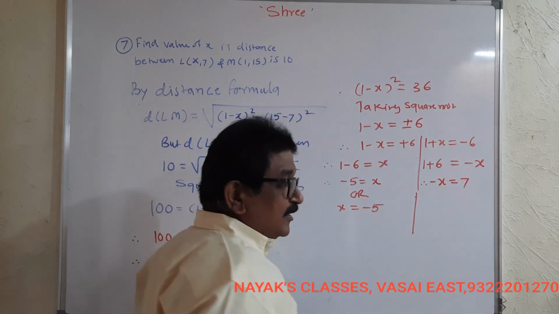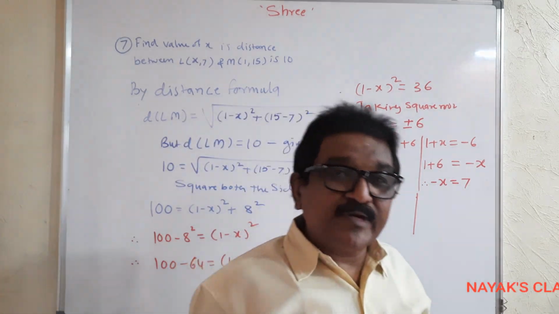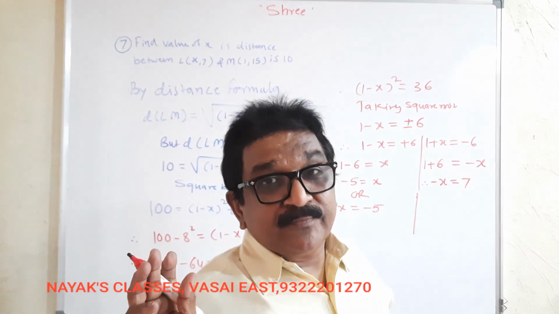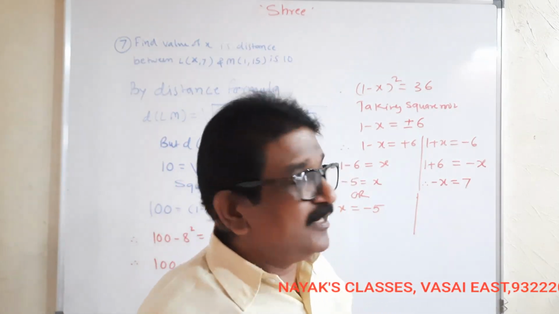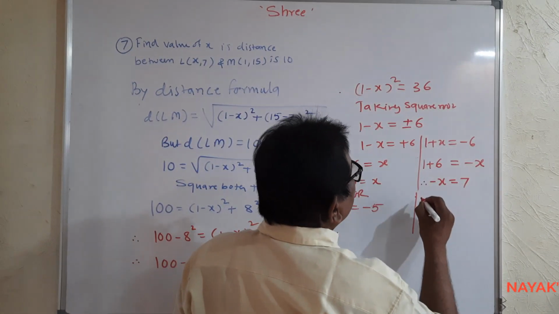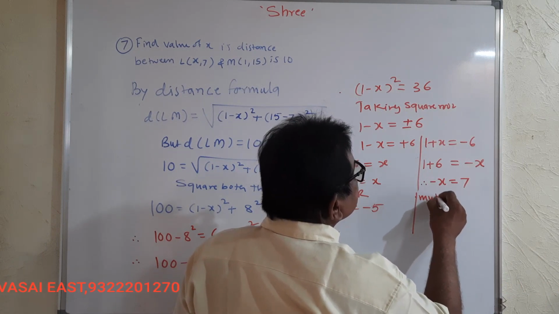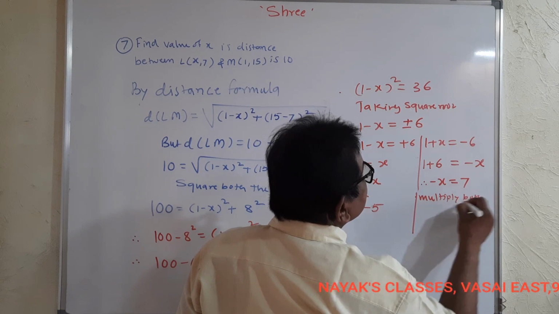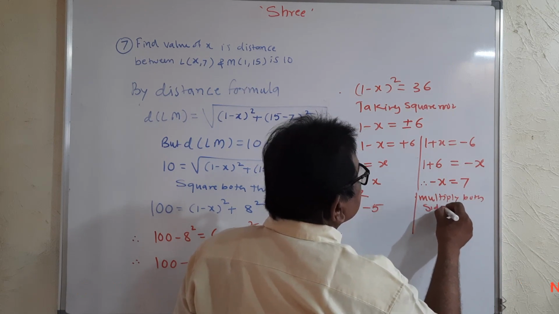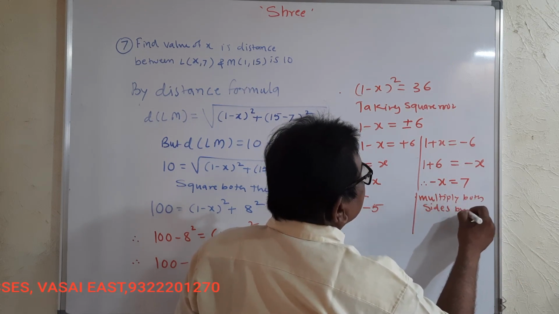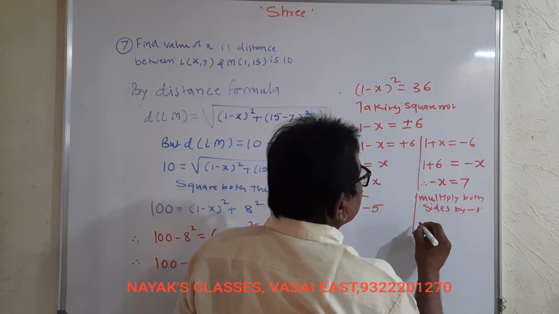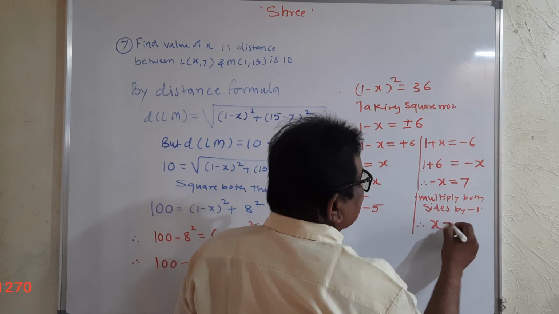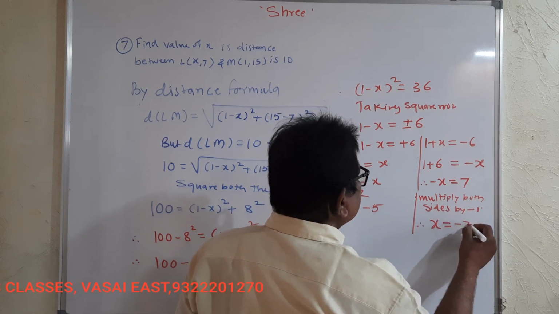Therefore, minus x is equal to 7. This is impossible. In quadratic equations also I have told you, a variable cannot be negative. Multiplying both sides by minus 1, minus 1 into minus x is plus x, is equal to minus 7.